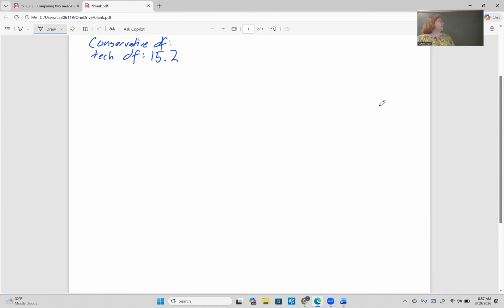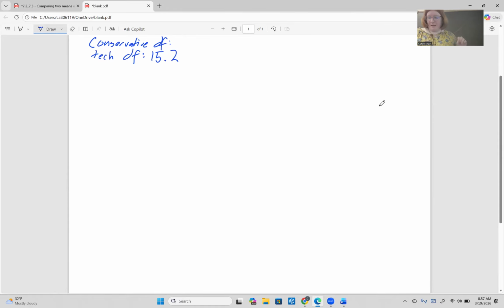I'll say, working this real fast, there are two different degrees of freedom that could be used. The conservative degrees of freedom, the standard one we could do just based on sample sizes, would be 10, I'm assuming the espresso squirrels have 11 in it.